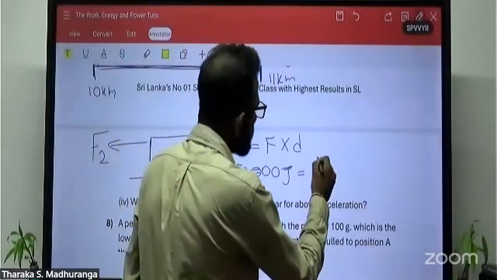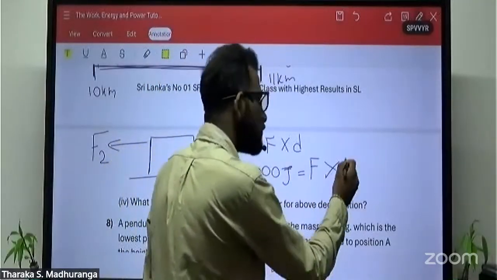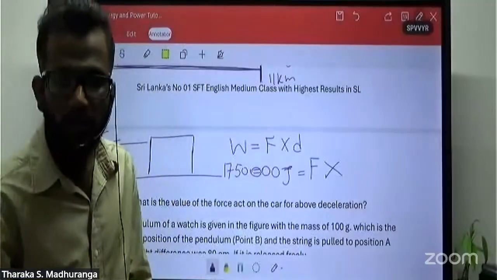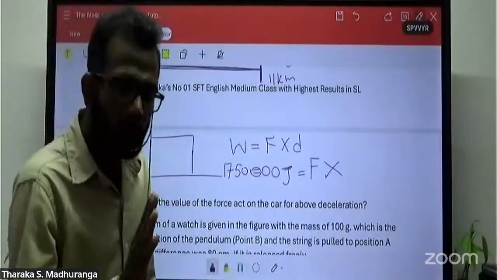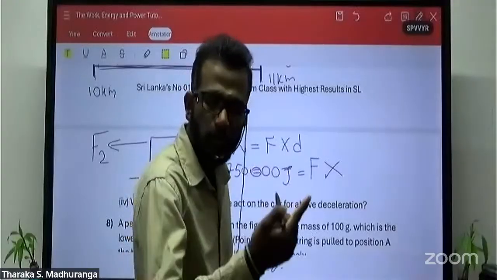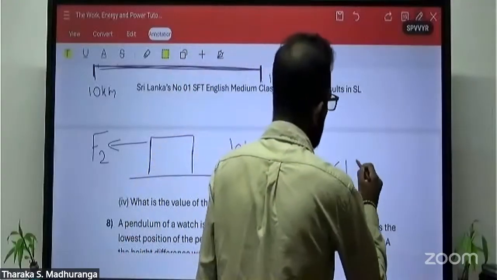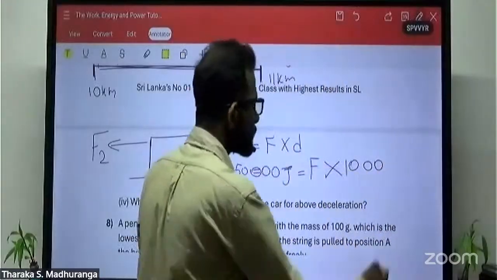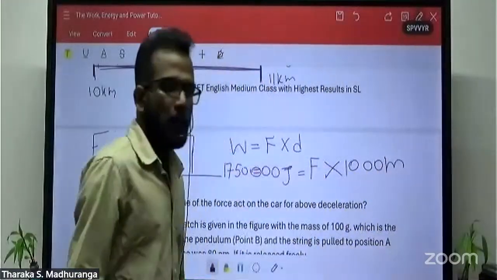The external force we don't know. What is the displacement? The displacement is 1 kilometer, which in standard units is 1000 meter.